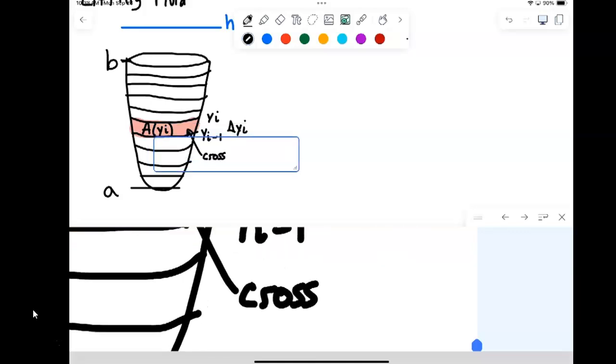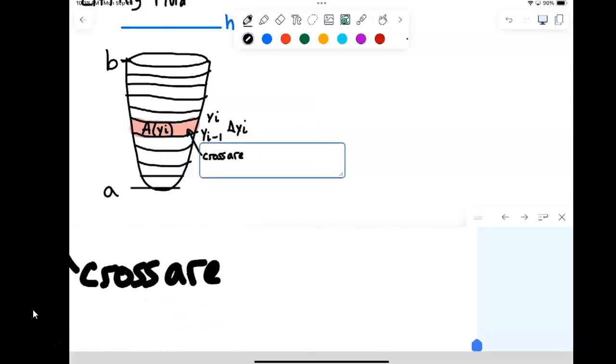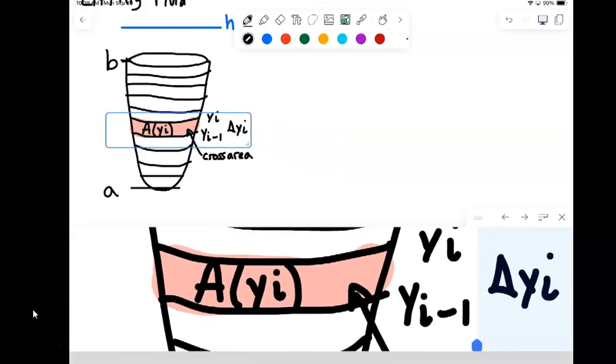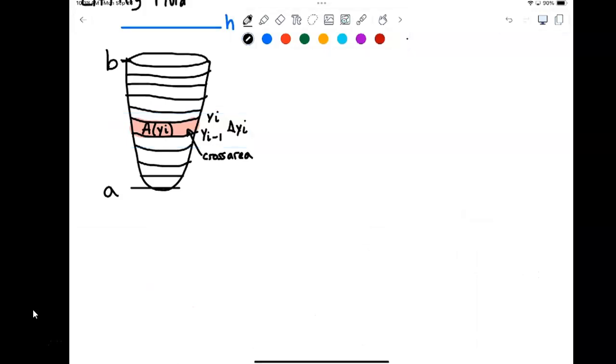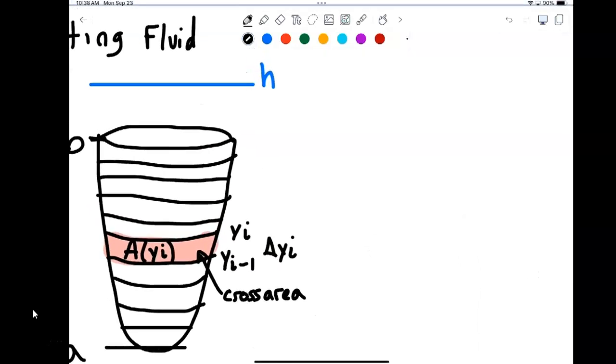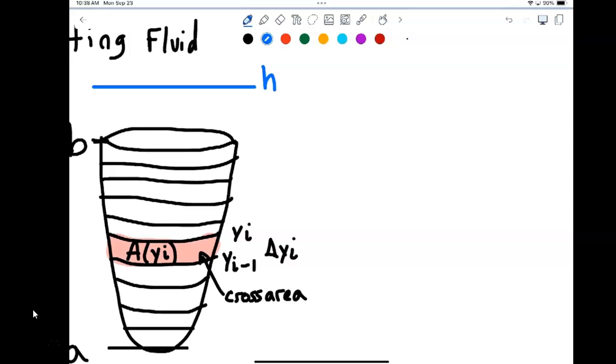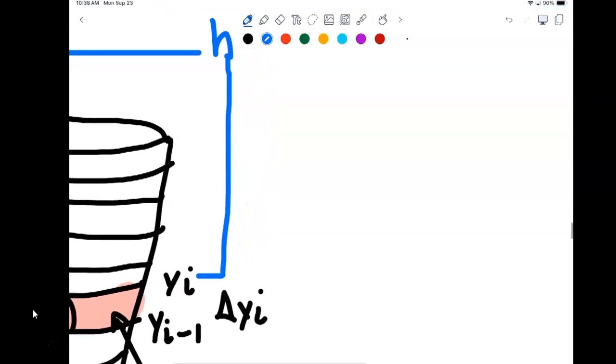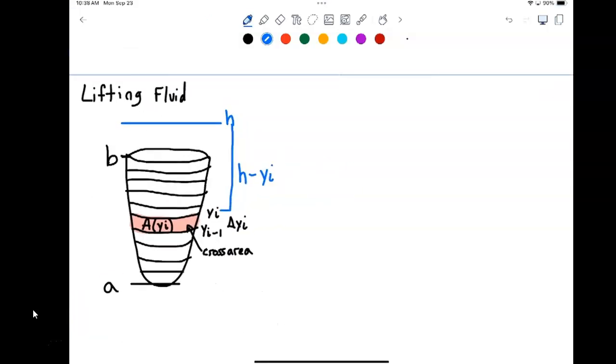Then if you take that area times its width, that'll be roughly the volume. And then we have to figure out how much we're lifting it. Well, we're lifting this one from yi up to the height of h, so that will be a distance of h minus yi.